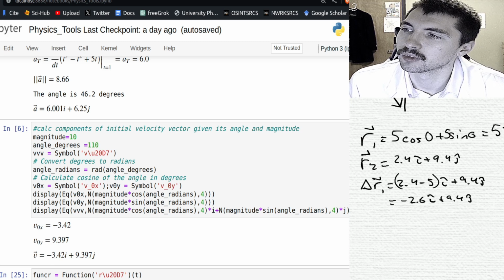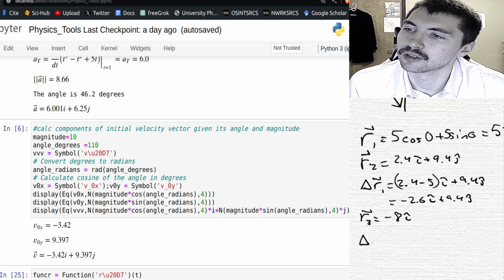Okay, now we want to find delta R2, so first we're going to write down R3 is simply negative 8i, so delta R2 is negative 8 minus 2.4i.